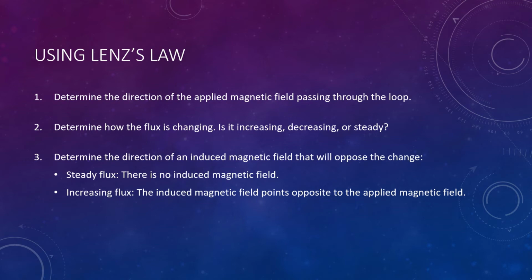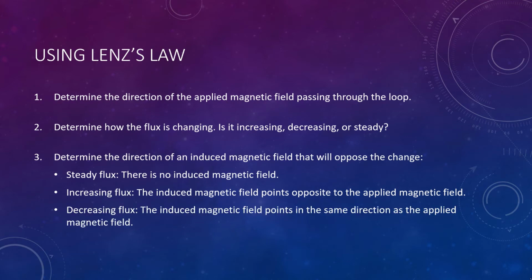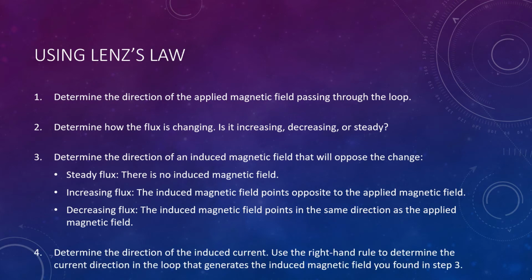To oppose an increase, you need something in the opposite direction. Or it could be a decreasing flux. If the amount of field passing through your loop is decreasing, we need to oppose that decrease, so the induced magnetic field points in the same direction as the applied magnetic field. Once you know what direction your magnetic field is pointing, you can determine the direction of the induced current by using the right-hand rule as we discussed on the previous slide.